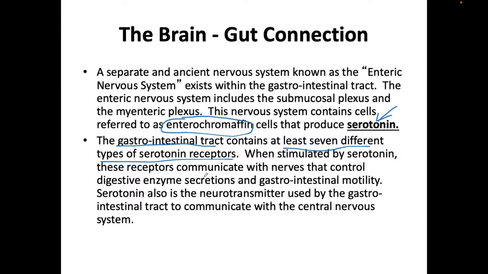When stimulated by serotonin, these receptors communicate with nerves that control digestive enzyme secretions and gastrointestinal motility. So oftentimes when there's a serotonin imbalance, there's going to be irritable bowel disease or irritable bowel syndrome due to imbalances to the serotonin.